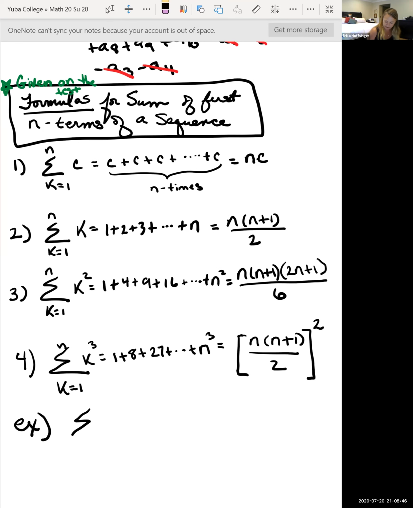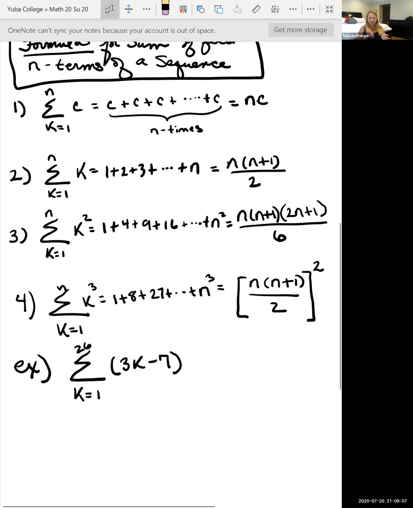So let's say we're now going to use this to find the summation from k equals 1 to 26 of 3k minus 7. We can sit here and find the first 26 terms and sum them, or we can break this down.